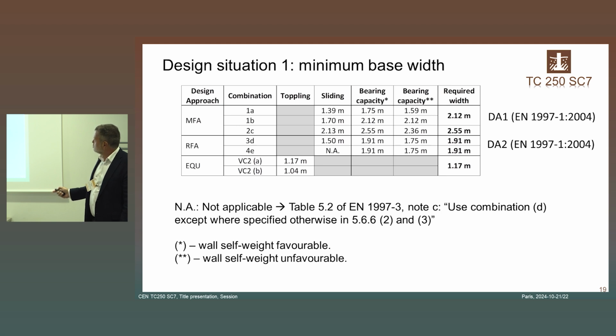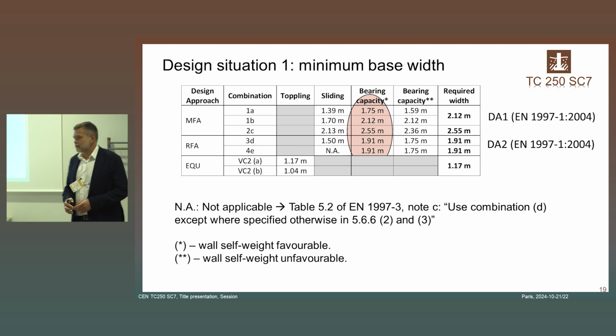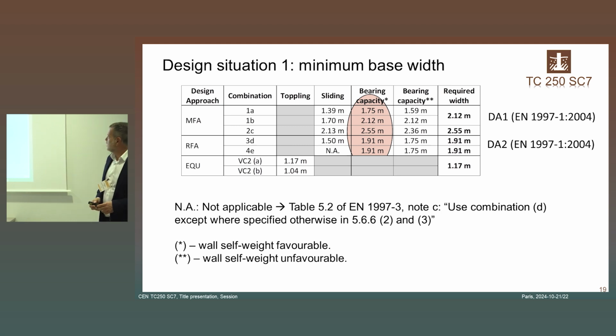This is not the case, obviously, for sliding. So, repeating the calculation, we have these two conditions. Basically, what we get is that the bearing capacity is ruled by the case in which the wall self-weight is favorable. And these are the final results.